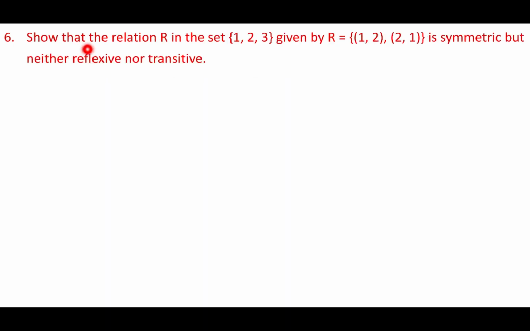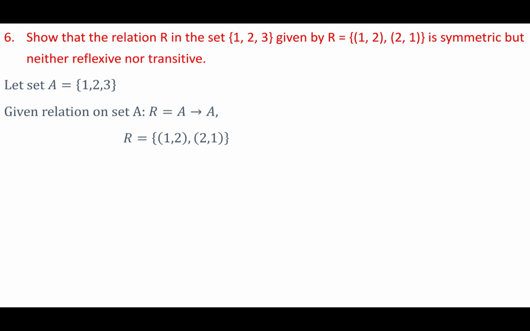Question 6. Show that the relation R in the set {1, 2, 3} given by R = {(1, 2), (2, 1)} is symmetric but neither reflexive nor transitive. Now let us say the set A is {1, 2, 3} and the relation R is defined on A. So R equals (1, 2) and (2, 1), two ordered pairs.